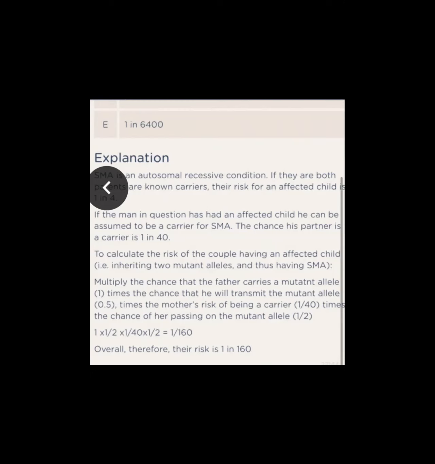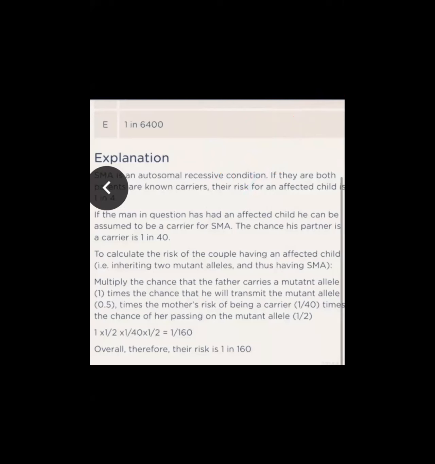And his new partner, the second wife, has no genetic background. She has only the population risk. We know population risk is 1 by 40, because she has no family history of genetic disease.